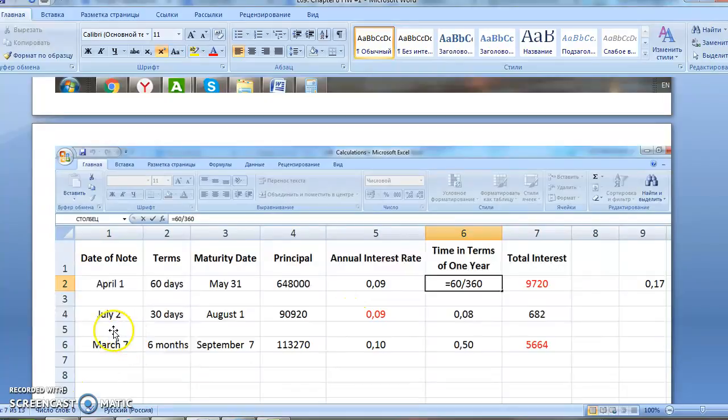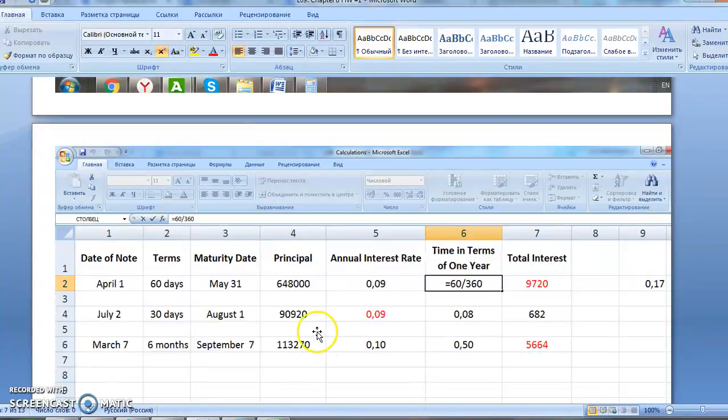In point C, we first determine the maturity date for a 6-month note from March 7. We can calculate that it will be September 7, where, according to the rules, we include the first day or issue date of the note on the month basis.